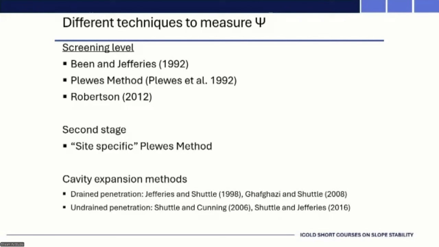So they said, well, probably the closest analogy is to have a cavity which expands uniformly. It's like a sphere that continues to expand the same in all directions, because that's amenable to some theoretical analyses. So they said, okay, let's start with this cavity expansion and then try and apply it to the CPT. So it's a bit of a long bow to draw, I guess. But that's where we start getting things like that widget method you heard about.